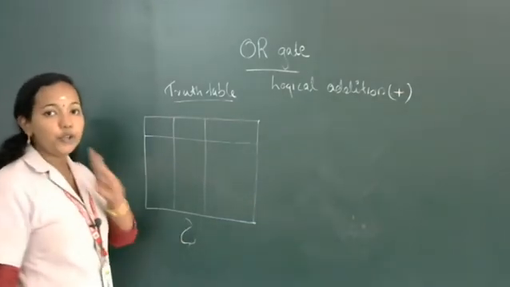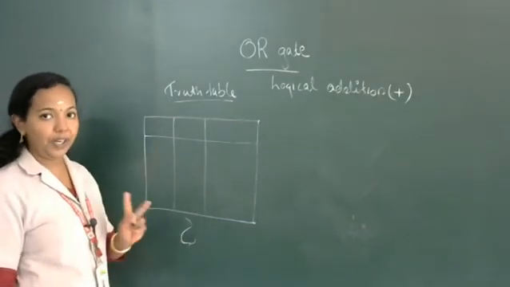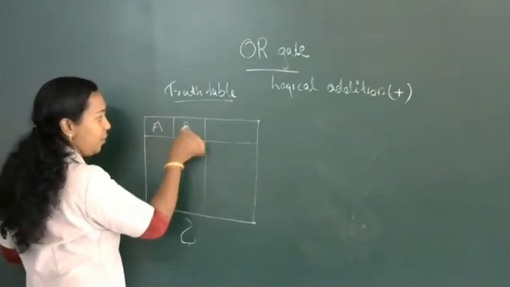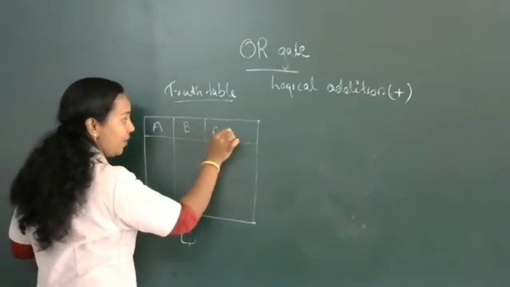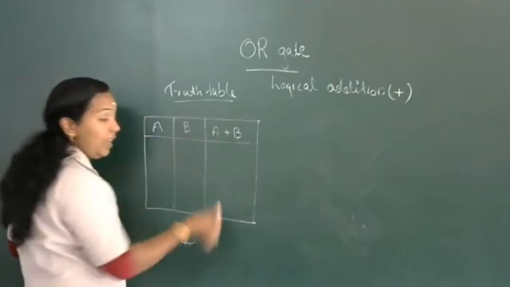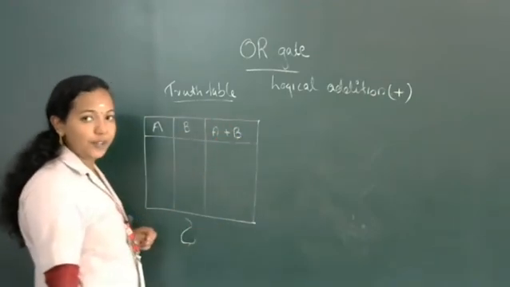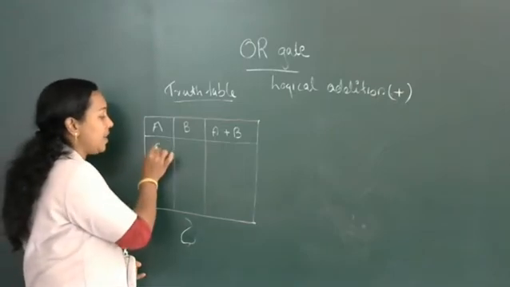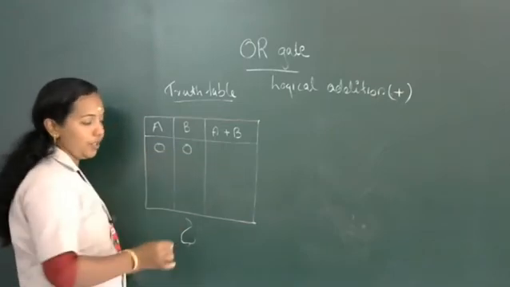This is a 2-input truth table. The first input is A and the second input is B, and this is for the final result, A or B.